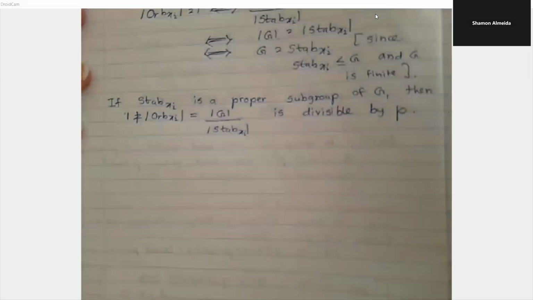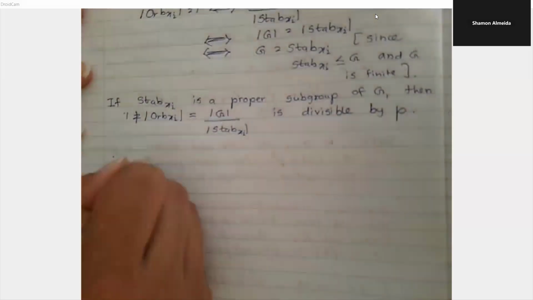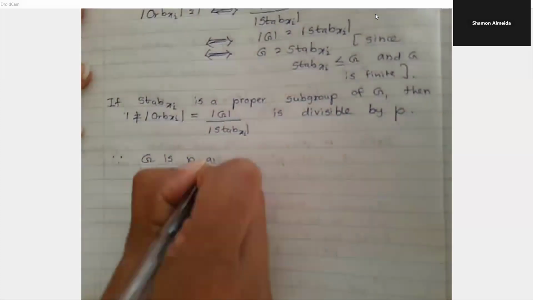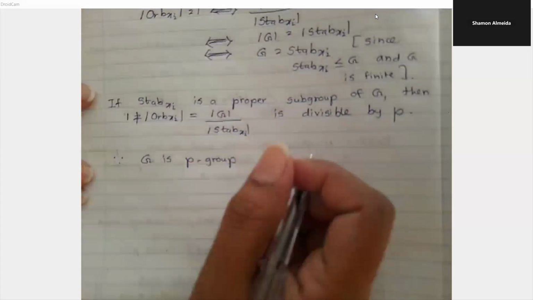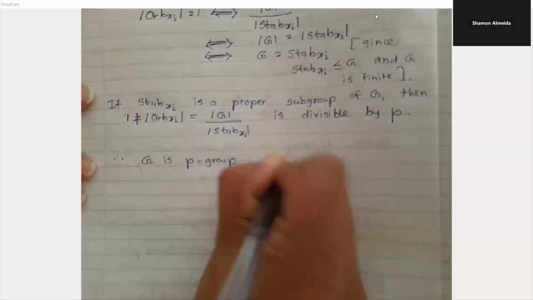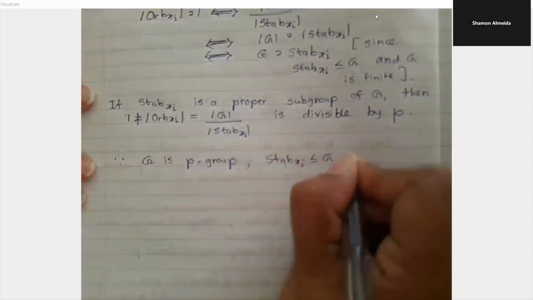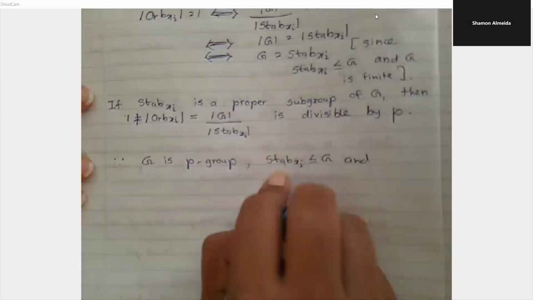And to see this, why do we have this condition? Because G is a p-group. Let me write it. Because the stabilizer of xi is a subgroup of G, and because G is finite, this stabilizer is also finite.